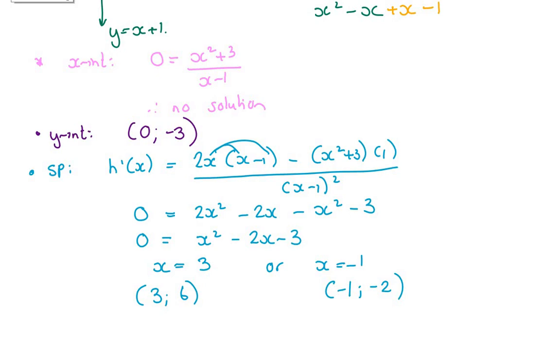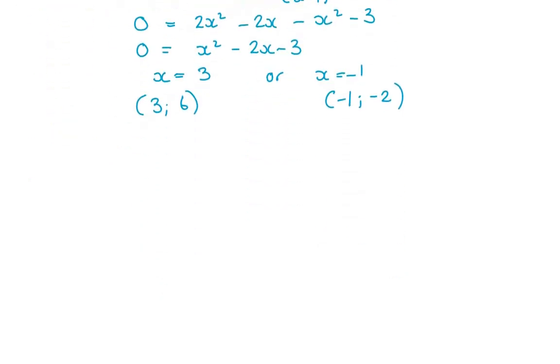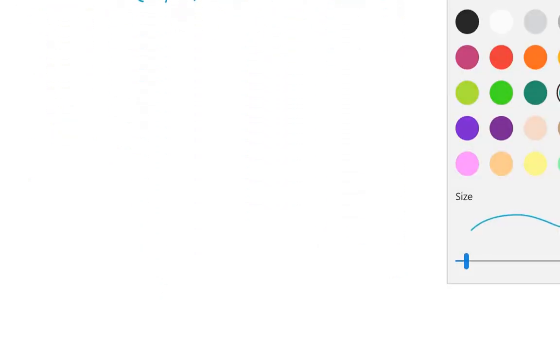Right, again, I'm going to draw this quickly before I worry about any points of inflection, because if I don't have to work them out, I prefer not to. Right, so what have I got so far? Axes.